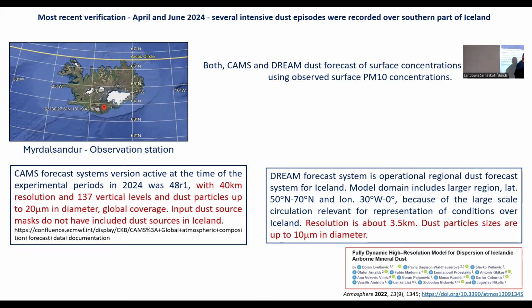Our model is a limited area domain, high resolution model, with dust hotspots and sources included, and with 3.5 kilometer resolution, in which you can properly forecast small scale, intense things.